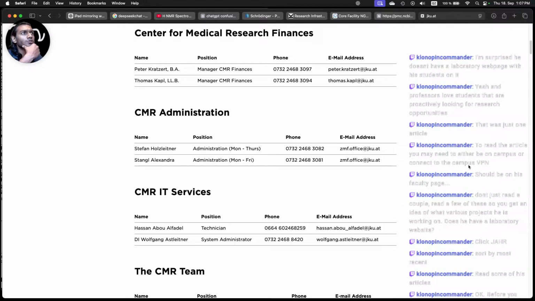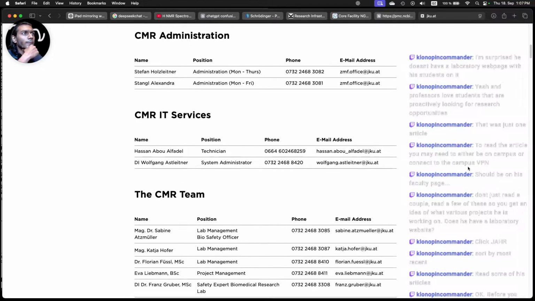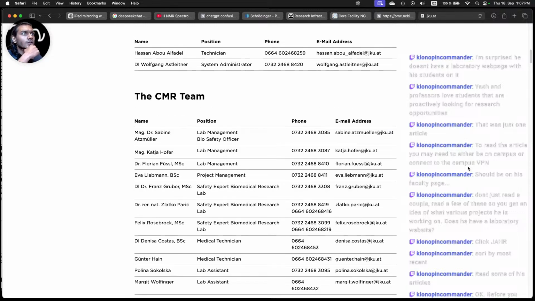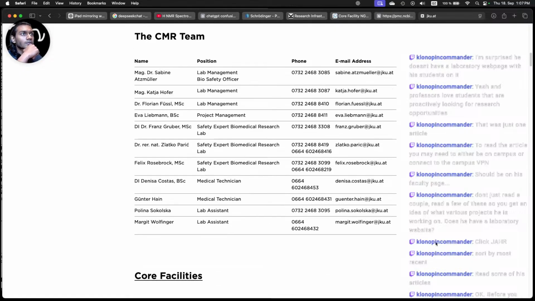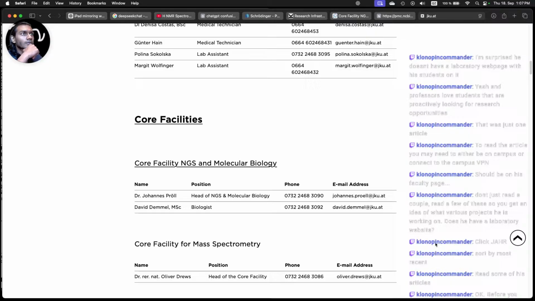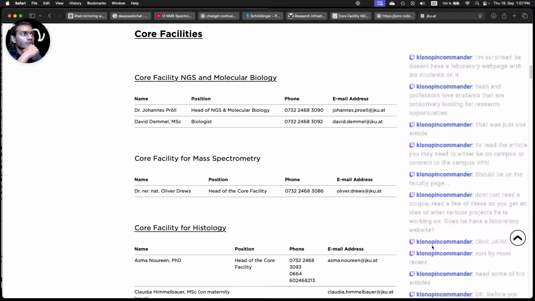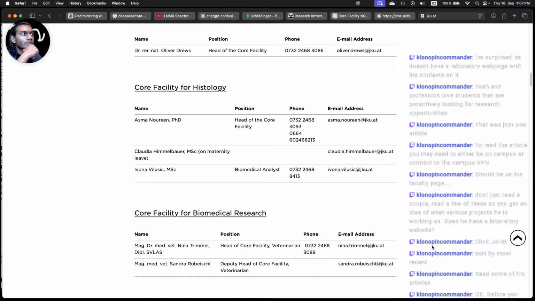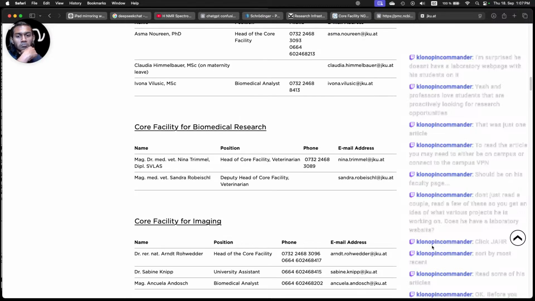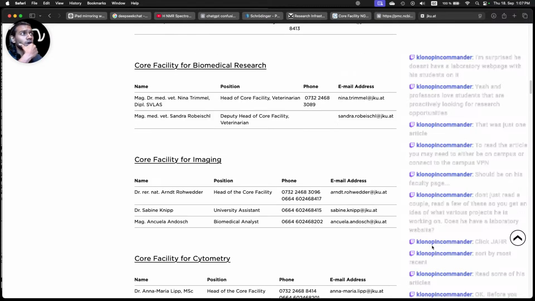Finance, administration, services, technicians, lab management, biosafety officer, safety expert, biomedical research, medical technician, lab assistant. Okay, we got 2 lab assistants. Yeah, a lot of people are behind this. It's amazing.